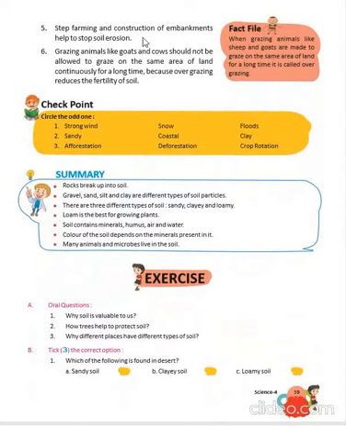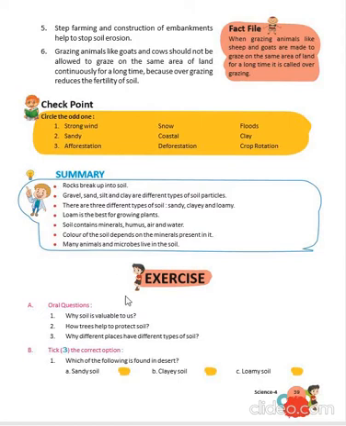Terrace farming and construction of embankments help to stop soil erosion. Grazing of animals should not be allowed on the same area of land continuously for a long time. So these are the very important points for conserving our soil.